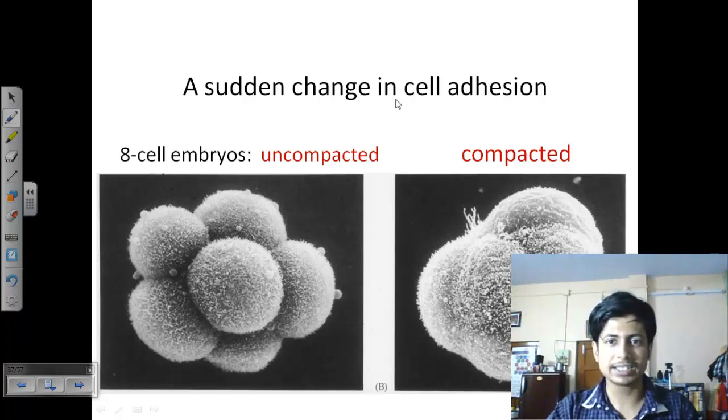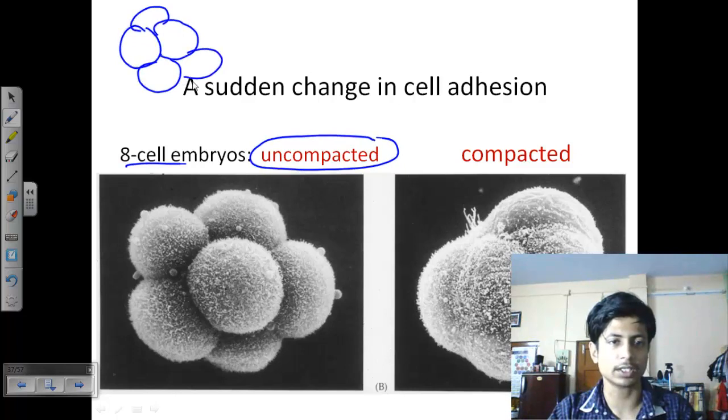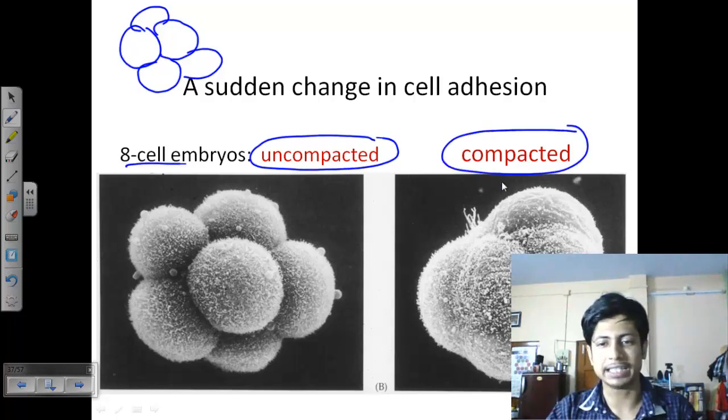Say a sudden change in cell adhesion occurs in the 8-cell embryo, and in this condition we have an uncompacted structure of the embryo. All of the cells start dividing, and once they divide, they are attached one after another to form this kind of structure. But normally in blastula or gastrula phases, we see a structure like this.